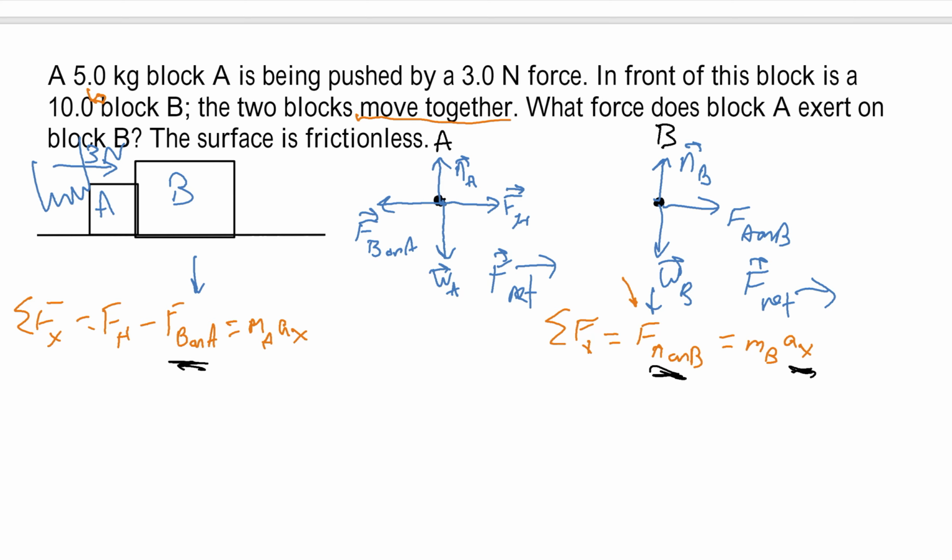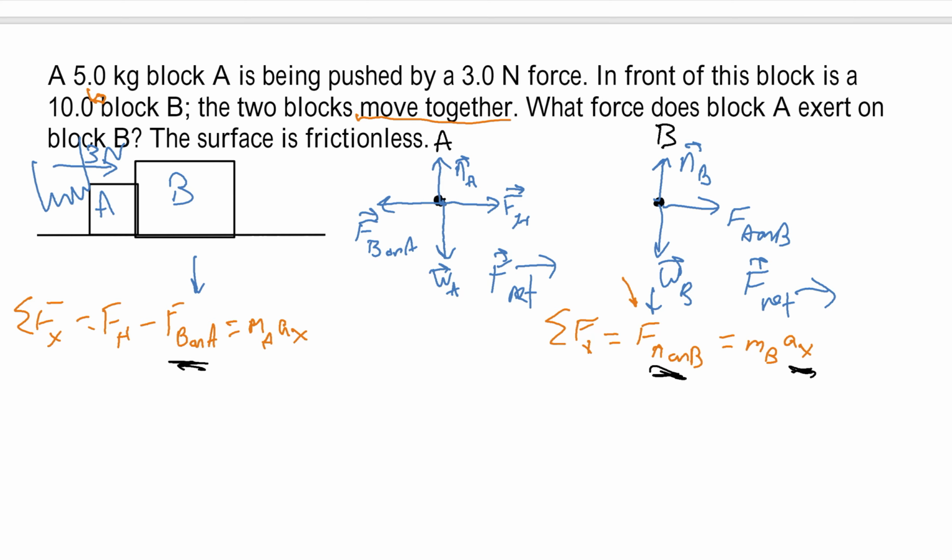Because I'm looking for FA on B, I don't want to solve right now for FA on B, because when I use substitution, that will get rid of FA on B. Instead, I want to solve for acceleration, because when I substitute acceleration into the other equation, that will get rid of acceleration and leave me with FA on B, the thing I'm looking for.